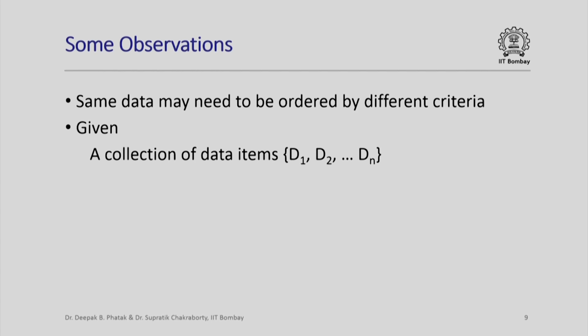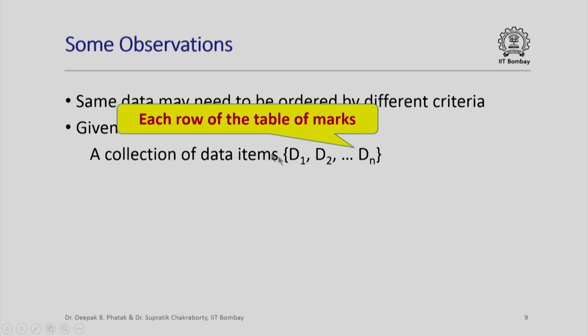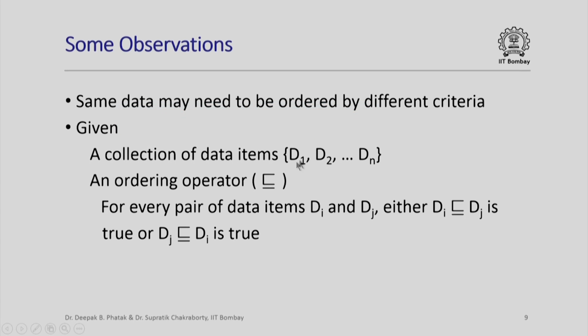So in general, we might be given a collection of data items. In the previous example, each row of the table of marks is a data item, and we might be told how to order these data items. So here I have described it abstractly by saying that we are given an ordering operator such that for every pair of data items di and dj, either di is ordered with respect to dj in this way, or dj is ordered with respect to di in this way.